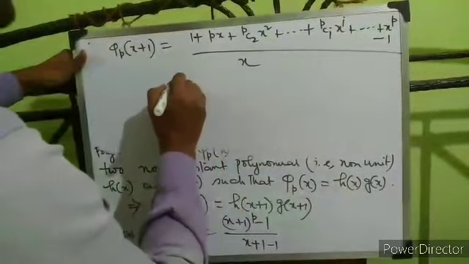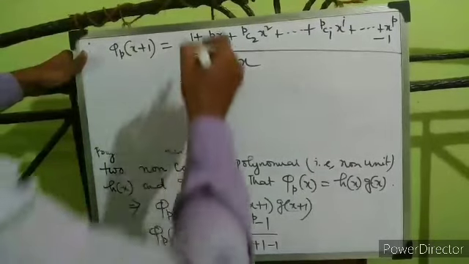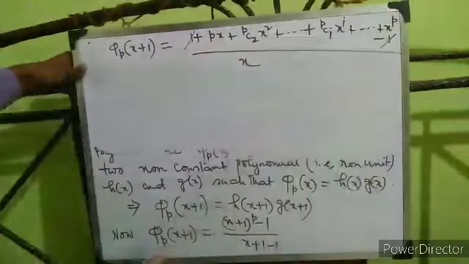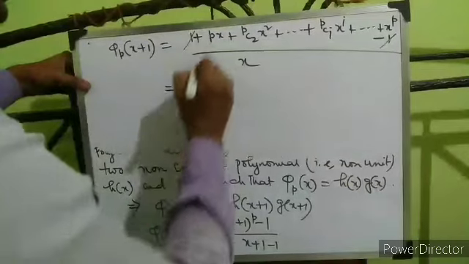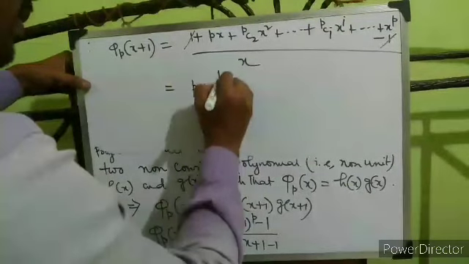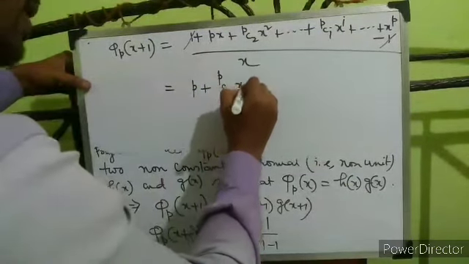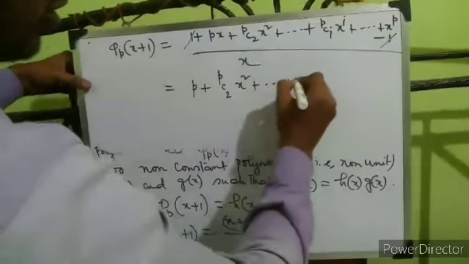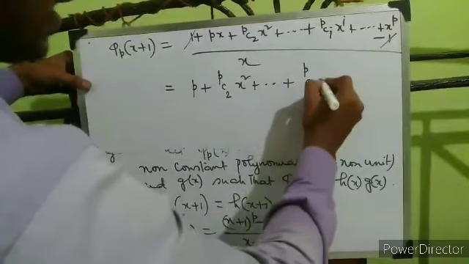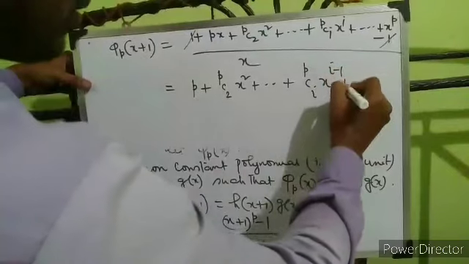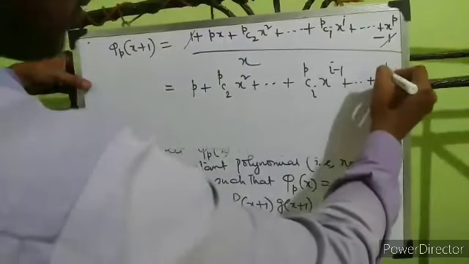The 1 and minus 1 will cancel out. So the terms will be p plus pc2 x square plus dot dot pci x to the power i minus 1 plus dot dot x to the power p minus 1.